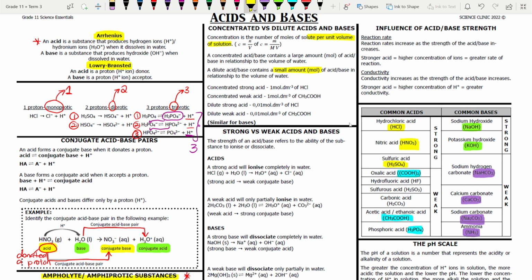I think that's pretty straightforward. So an example, a concentrated strong acid has 1 mole per decimeter cubed of water. A weak acid, we can say it still has 1 mole per cubic decimeter. It all depends on what is the amount of solute we used versus the volume of solvent, which is water.